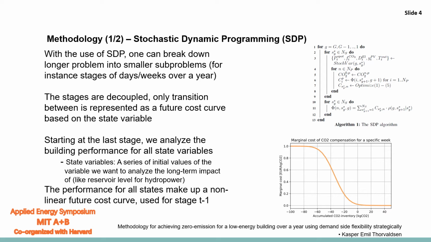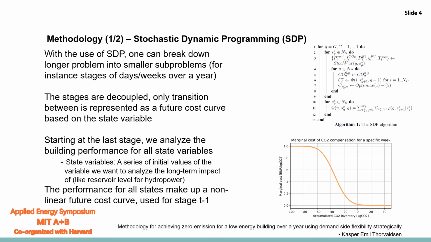It will show how much it will cost to have 1 additional kilogram of CO2 compensated for in the future versus how much it would cost to perform it right now, and which option would be the cheapest one. Then the model has a future cost curve that showcases how we can make that work in the future, and you can consider whether it is worth doing it now, or whether I should wait until the next week, for instance.